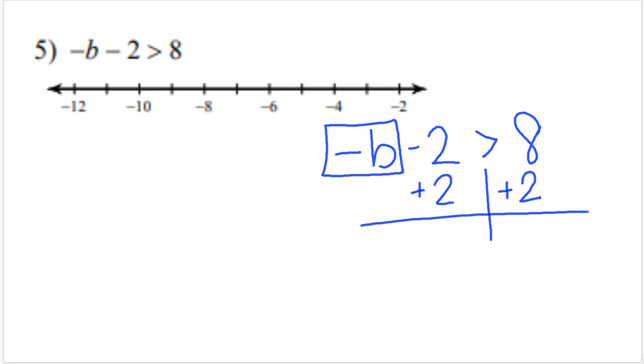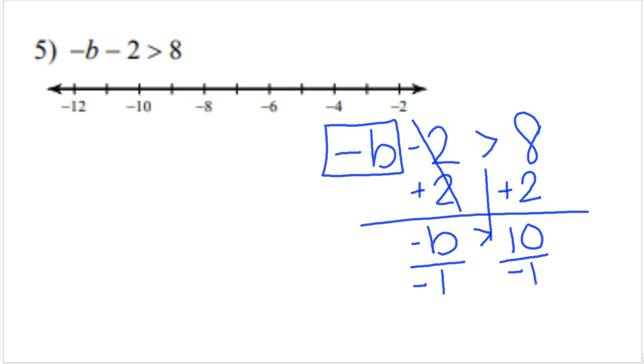I'm going to go ahead and cross this out because it gives me 0, and 8 plus 2 gives me 10. Bring down my negative b, greater than sign. Now I have a negative next to my b, which means I still need to get rid of it. So I'm going to go ahead and divide both sides by negative 1.